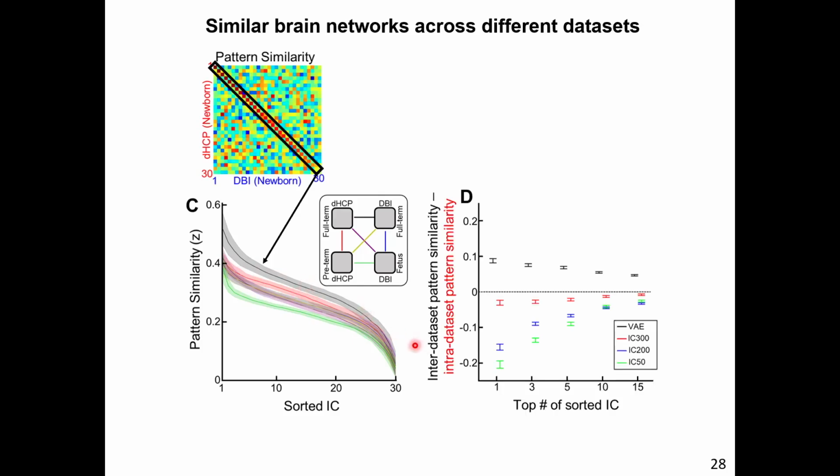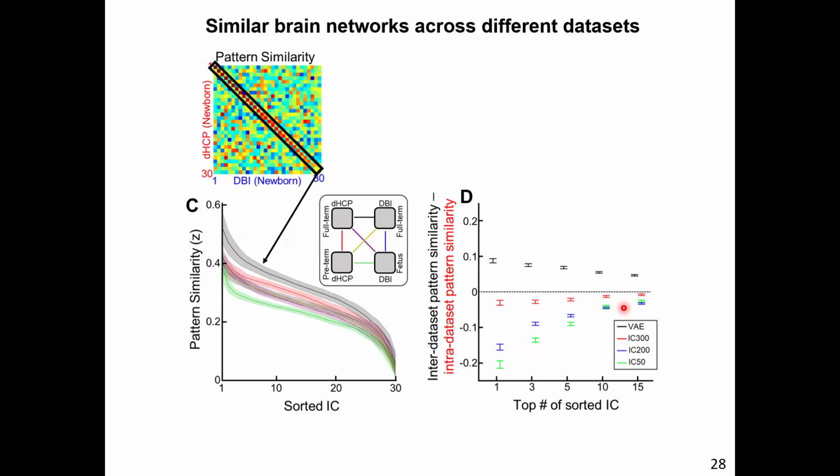If you look at the inter-data set pattern similarity, which is the black, versus the intra-data set pattern similarity across different age groups, for preterm versus full-term, or fetus versus full-term, only the VA models show higher pattern similarity. For IC300, IC200, and IC50, the patterns are more similar within the same data set but across different age groups than across different data sets within the same age group.